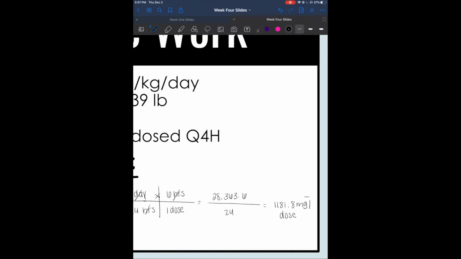And then we end up with a maximum amount of 1,181.8 milligrams given per dose.